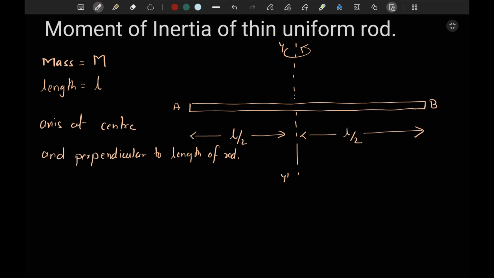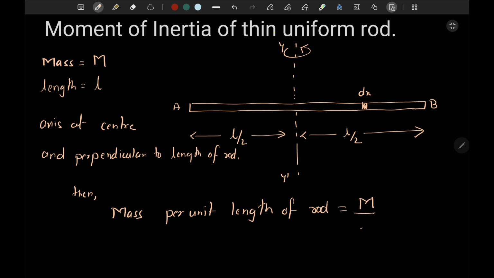To calculate the moment of inertia, first we will consider a small element in the rod. Let the length of this element be dx. Then the mass per unit length of the rod is equal to m, the total mass, by L, the total length.